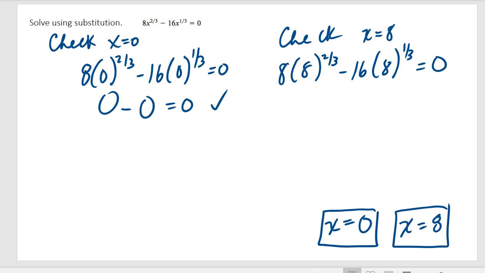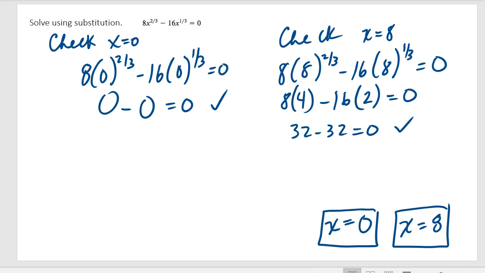If you're not comfortable thinking of these as radicals, use your calculator and just raise them up. So this would become 4, and this will become 2. So it'll be 32 minus 32, and that is equal to 0. So x is equal to 0 and x is equal to 8. Both are solutions.